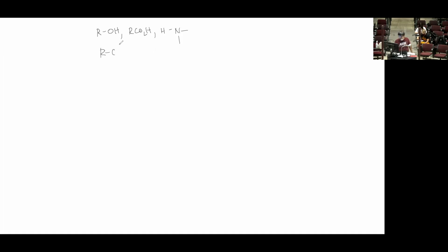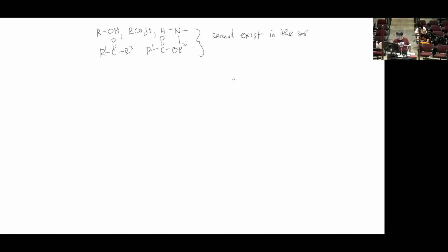They're not something you run into very often, but anything like that that has labile protons, something that can be pulled off by a strong base, any slightly acidic compound, these cannot exist in the same molecule as a carbon-lithium or carbon-magnesium bond.